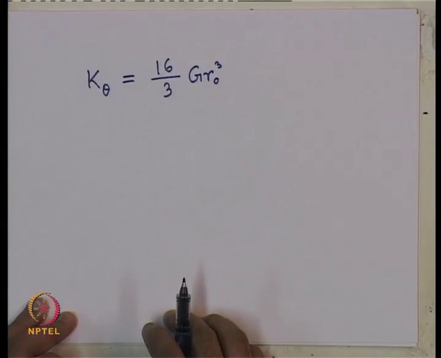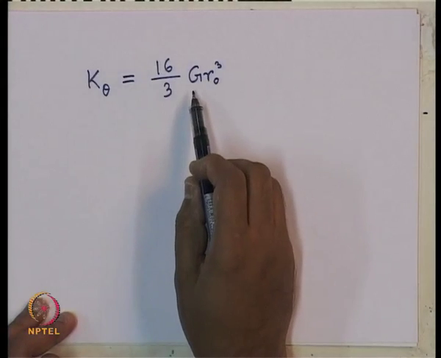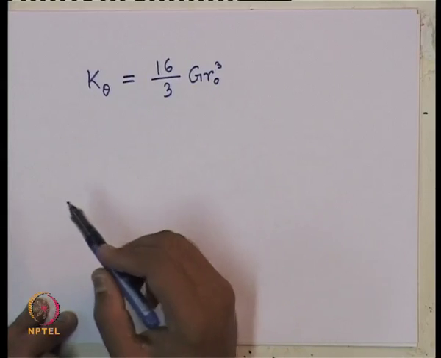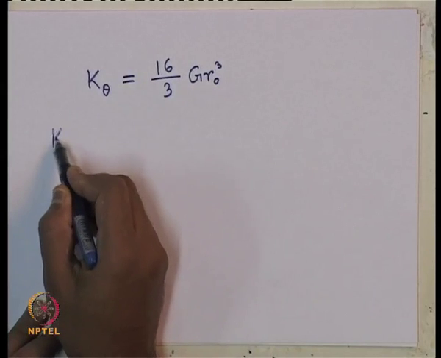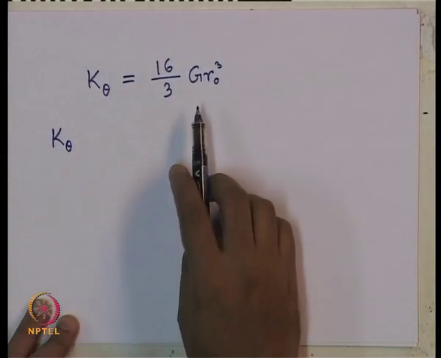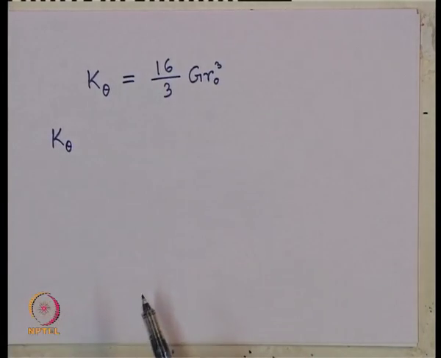K theta can be calculated knowing the soil shear modulus and radius of the equivalent circular footing. One observation you can note: in this case it is not a function of Poisson's ratio of the soil, unlike the vertical, sliding and rocking modes of vibration.